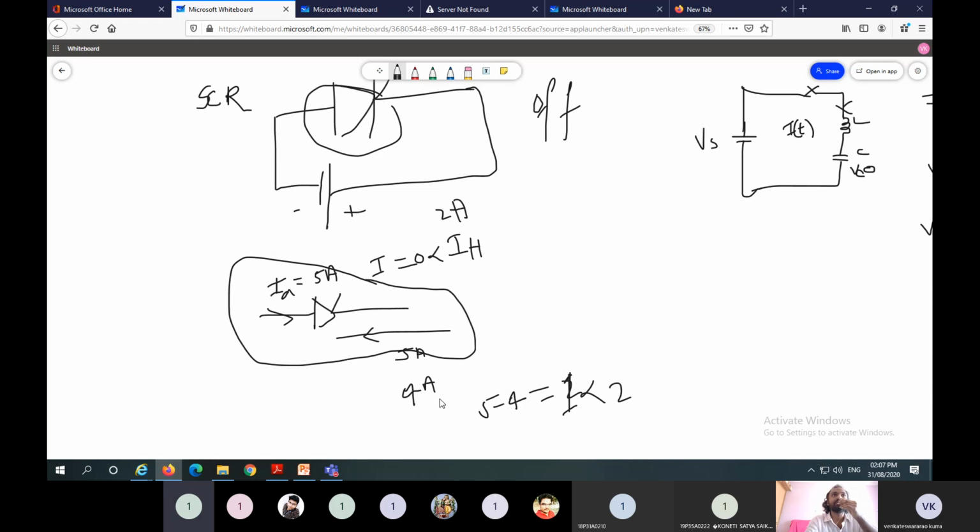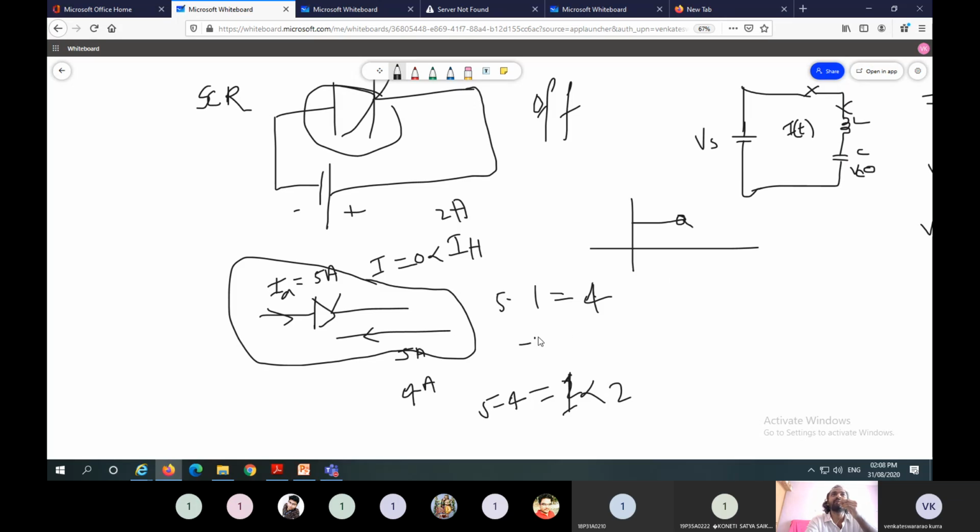Suppose we initially supply 1 ampere, then 5 minus 1 is 4. This is the anode current. At this point, if you supply 1 ampere current, the magnitude of the anode current decreases like this.